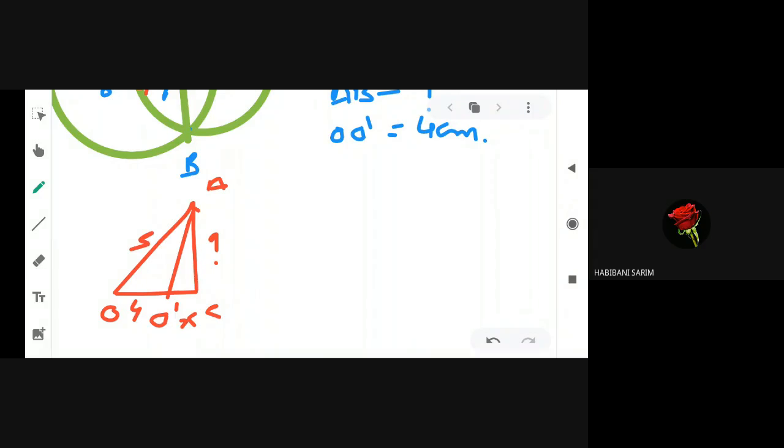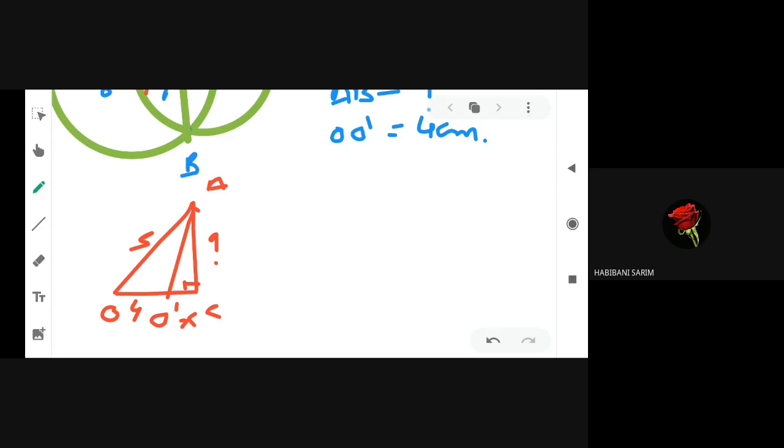You know very well that the line segment joining the center point and the chord is always perpendicular. We know the theorem. Okay, it means it is perpendicular.